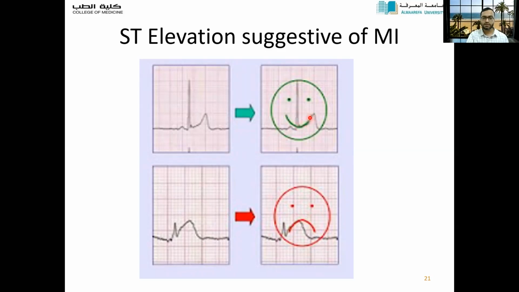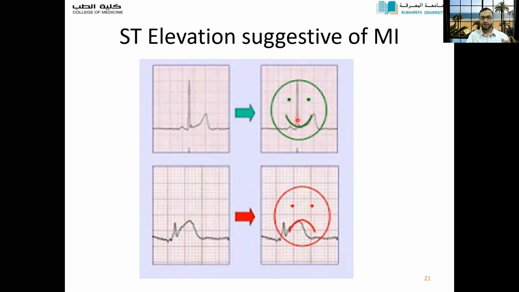Although there is ST segment elevation, the convexity is downwards, so this is not myocardial infarction. A simple way of doing that is to draw a circle around the ST segment. If you see a crying face made by the ST segment, it is diagnostic of myocardial infarction. But if there is a smiley appearing over there, your heart is telling you, doc, take it easy, I'm fine. So there is no myocardial infarction over here.